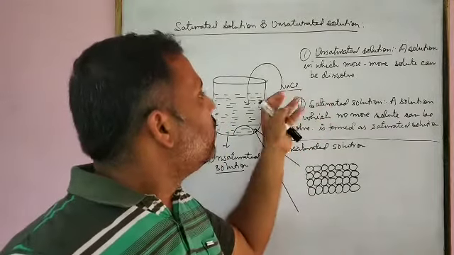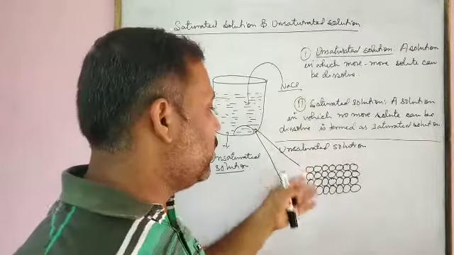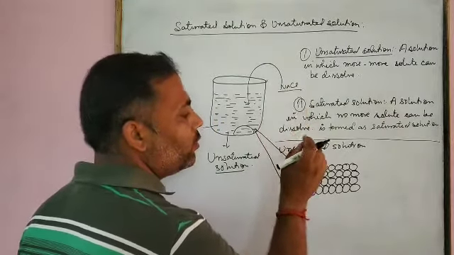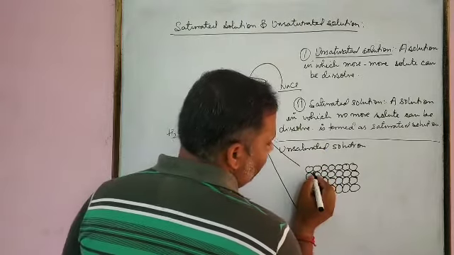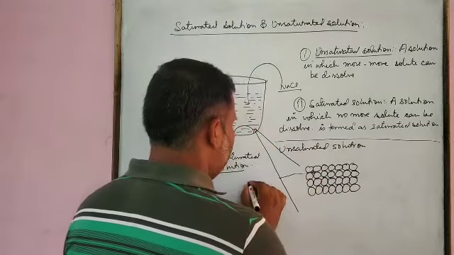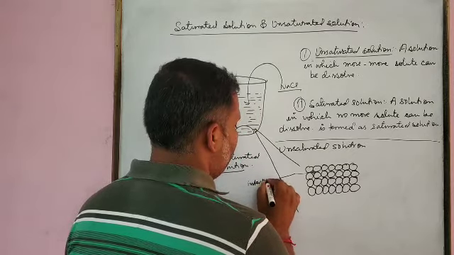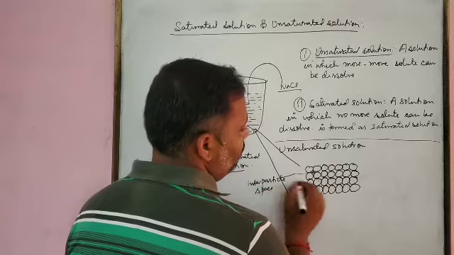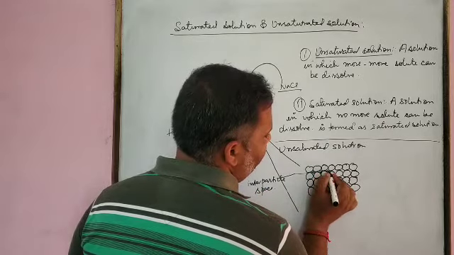When we add this solute or sodium chloride into it, then what happens? This sodium chloride is broken down into smaller pieces and they accommodate the interparticle space.